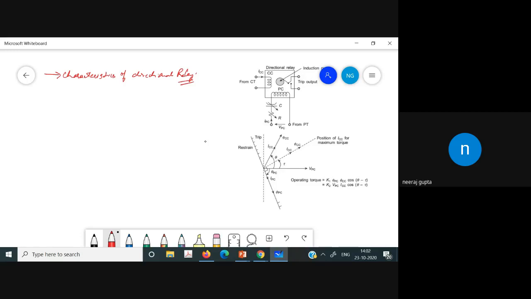It is actually the induction directional relay, based on the induction principle. So a directional relay can be compared to the contact making wattmeter, and the principle is similar to that of the contact making wattmeter.